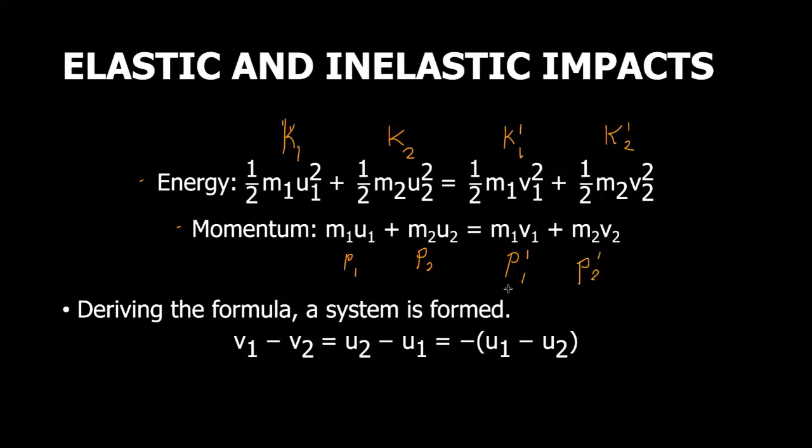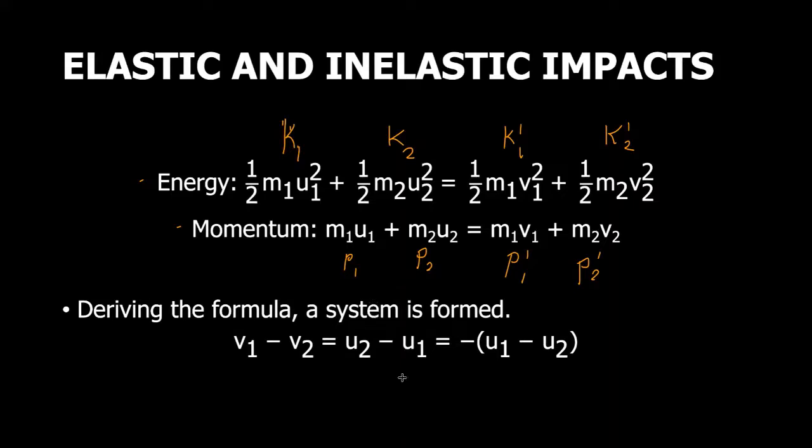Using these two equations, specifically for elastic impacts, we get this system. We get this equation: v sub 1 minus v sub 2 equals u sub 2 minus u sub 1, which also equals negative (u sub 1 minus u sub 2).